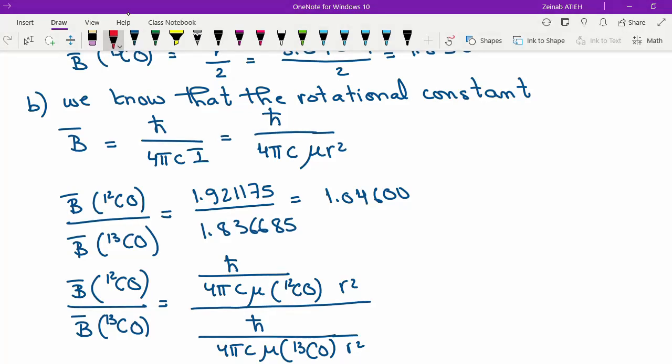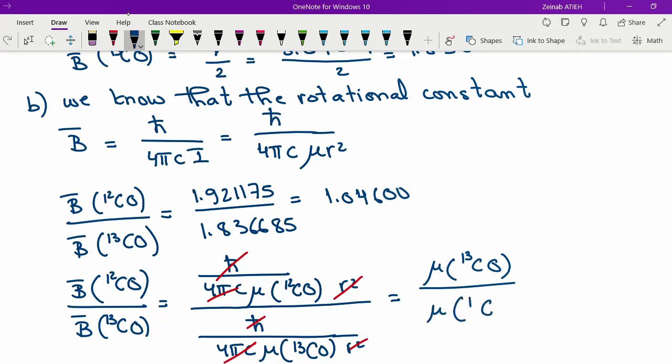As I have said, R is the same, h bar is the same, 4 pi c is the same, the only difference lies in mu. So this is equal to mu for C13O divided by mu for C12O.